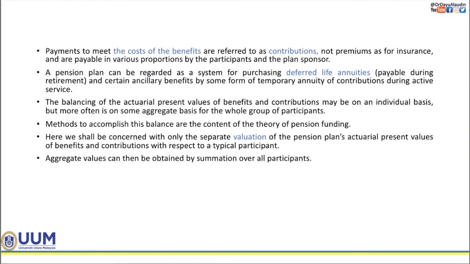Payments to meet the cost of the benefits are referred to as contributions, not premiums as for insurance. So for insurance, the individual has to pay premium to the insurance company to get benefit from the insurance company.